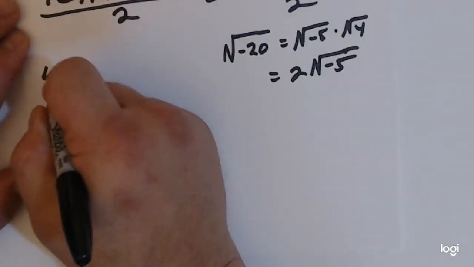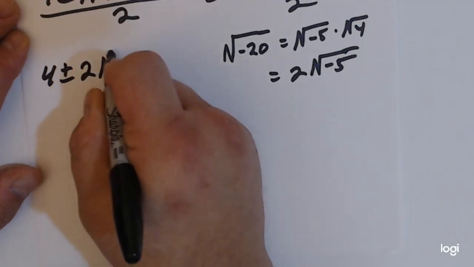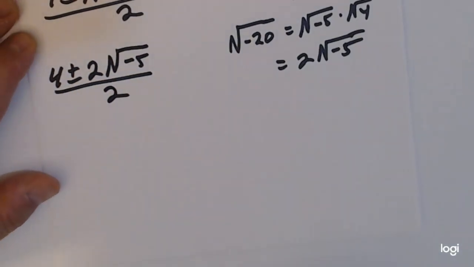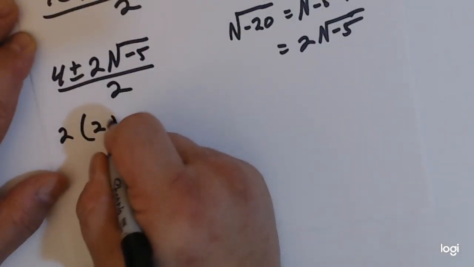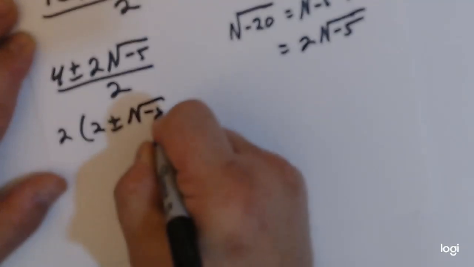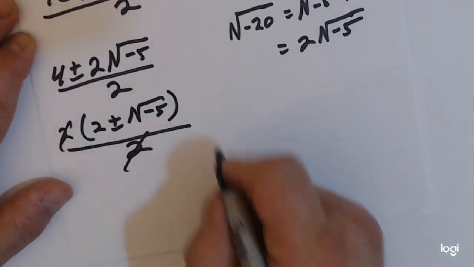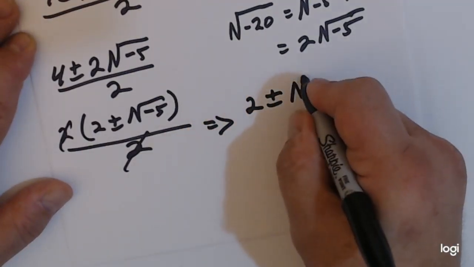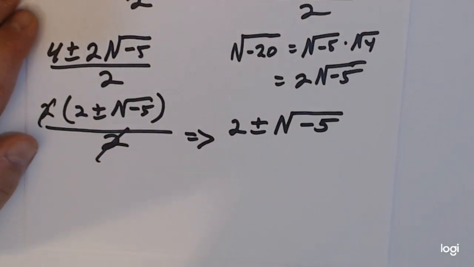We have 4 plus or minus 2 times the square root of negative 5 all over 2. We can factor out a 2 from the numerator, so we get 2 times 2 plus or minus square root of negative 5 all over 2. And the 2's cancel, and that gives us 2 plus or minus the square root of negative 5.